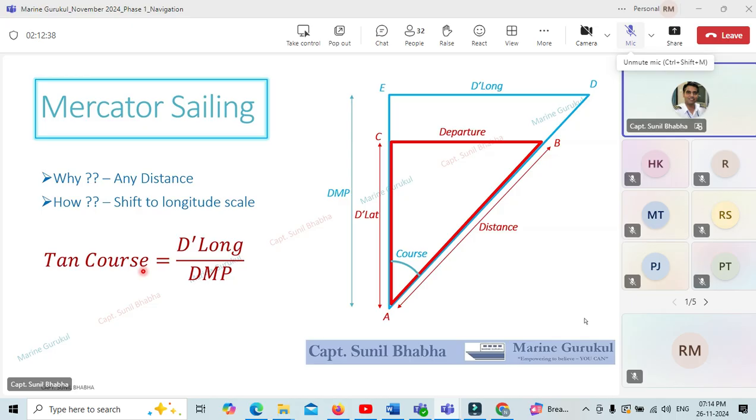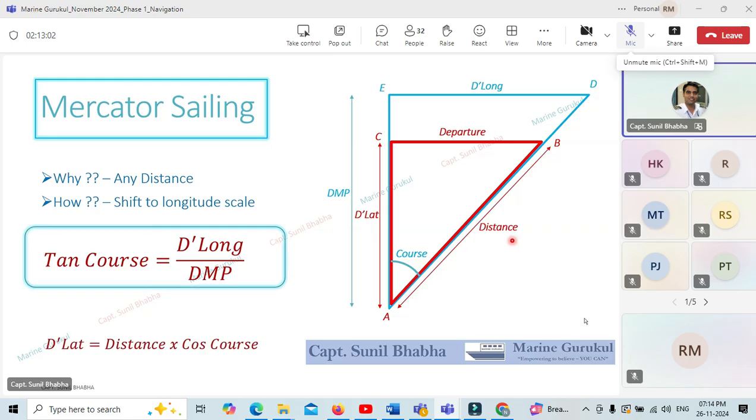Now, once the course is obtained, to calculate the distance, distance cannot be measured using the longitude scale. So for distance, we need to go to the latitude scale because 1 nautical mile is equal to 1 minute of latitude and is equal to 1852.3 meters. So there is no way distance can be measured on the longitude scale.